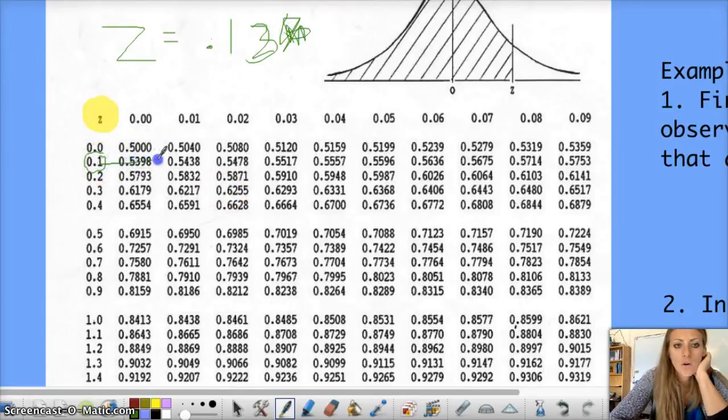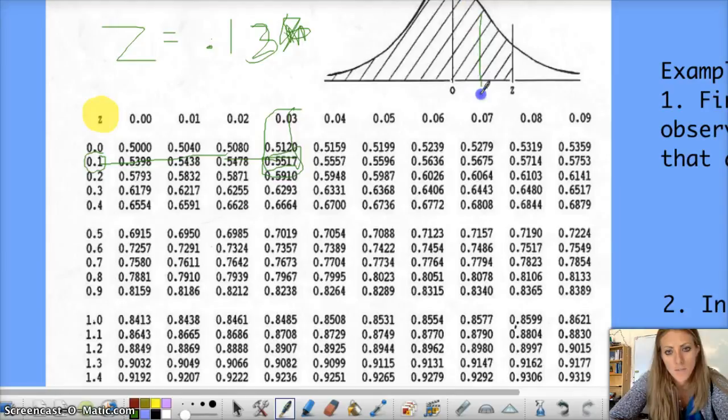Then we go over to where it matches with 0.03. So this value, 0.5517, is actually the area below your z-score of 0.13. This 0.5517 is the area less than or equal to that 0.13 z-score.